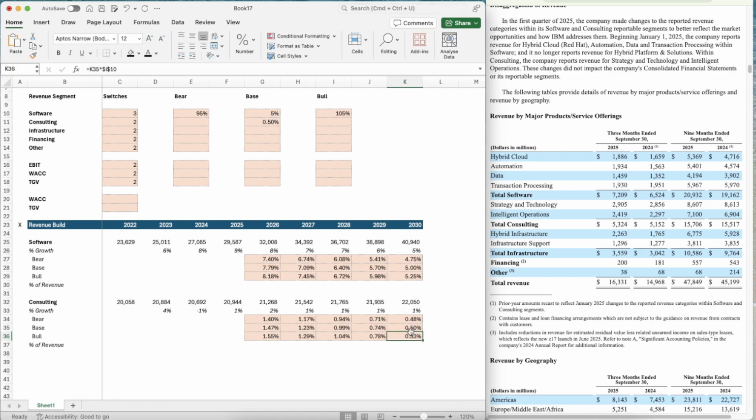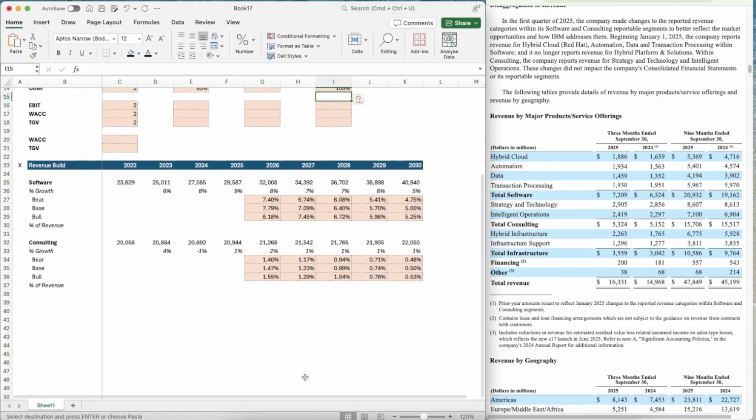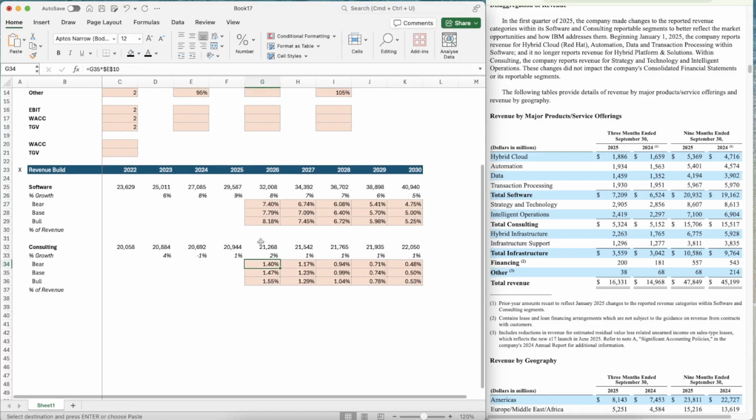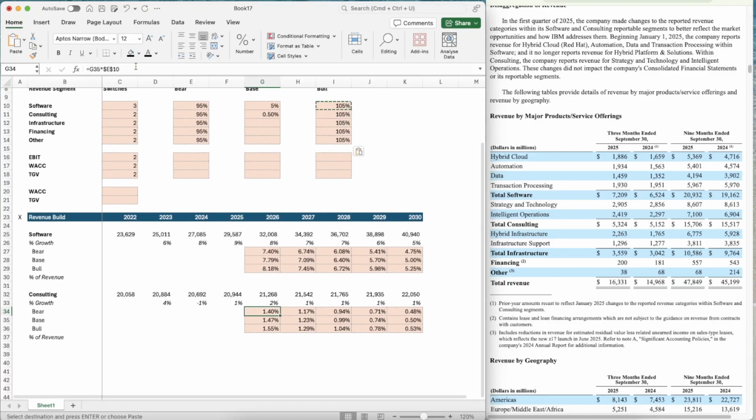And make sure this cell equals this one. Now, I think by and large, all of these are going to be the same bearish and bullish scenarios, unless we see something specific in the revenues. We'll go with that. So what do I want to do? We want this, change it to E11 so that it corresponds with the correct cell.